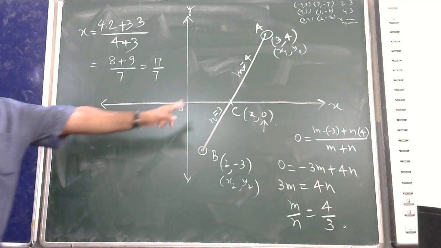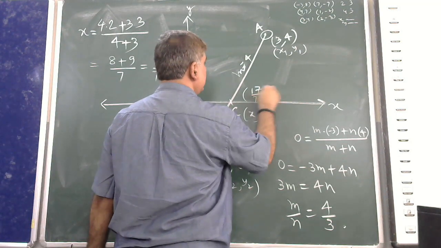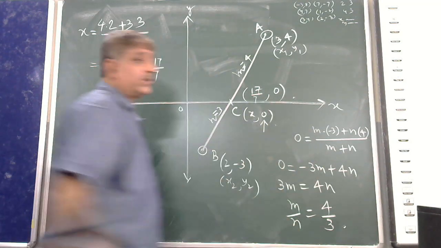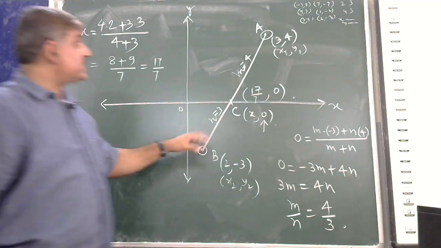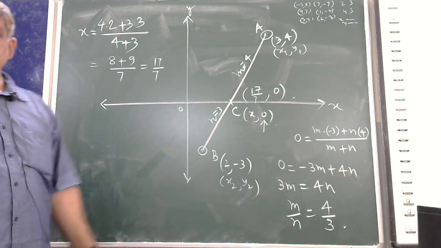So the coordinates of point C will be 17 by 7, comma 0. This is the coordinates of point C, which divides AB in the ratio m is to n.